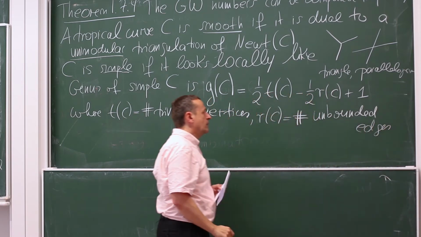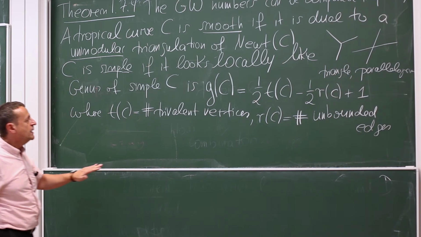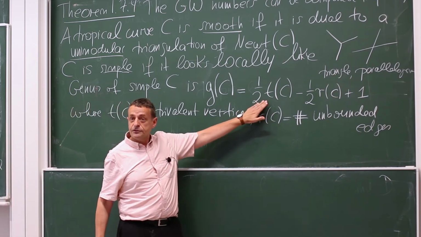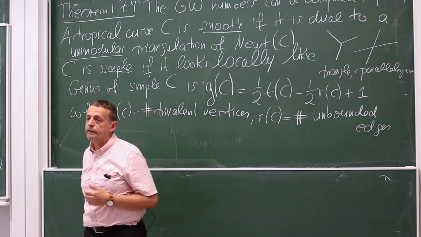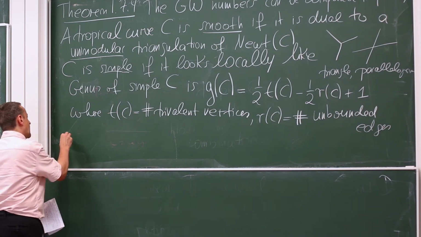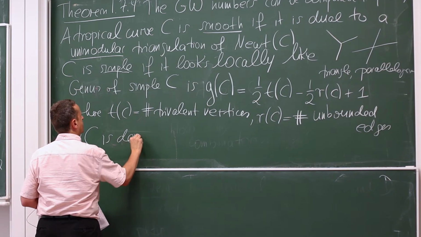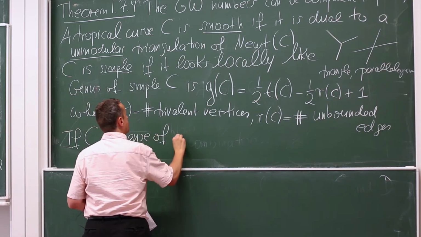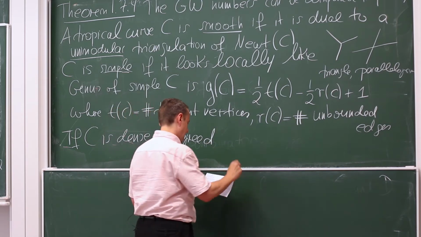Okay. It's a combinatorial exercise that this definition, this genus, is a non-negative integer, right? So these could be half integers, but then they cancel. So it will always be an integer, and then that integer actually is non-negative. Okay? So let's see, if we have a general dense polynomial, so if C is a general polynomial of degree d, let's compute these numbers.